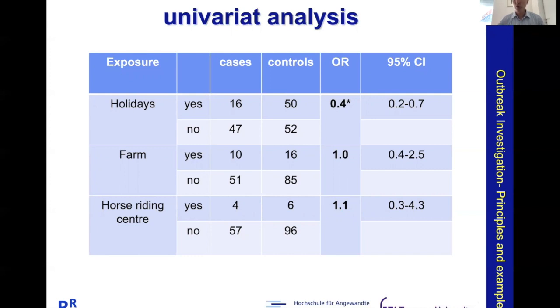You can say the other way around, not being on holidays was probably a risk factor. So being in Dortmund at that time was a pretty good risk factor for developing the disease.